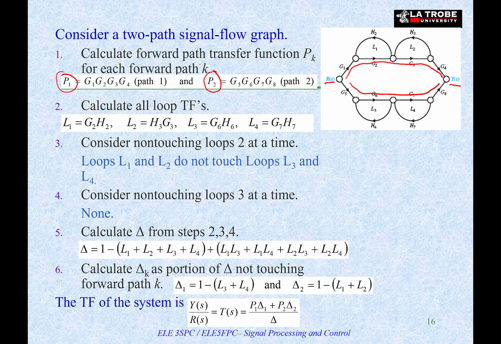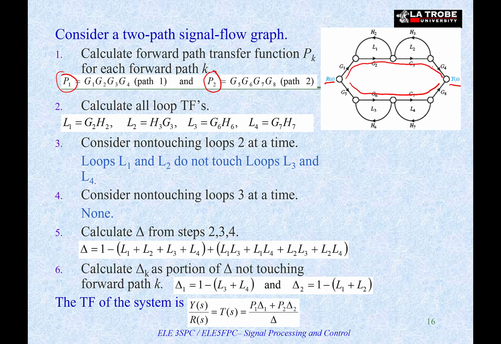So first you need to calculate all of the path gains. In this case, you need to calculate P1 and you need to calculate P2. The path gain basically is a product of the individual transfer functions along the path. After that, you need to concentrate on loops.